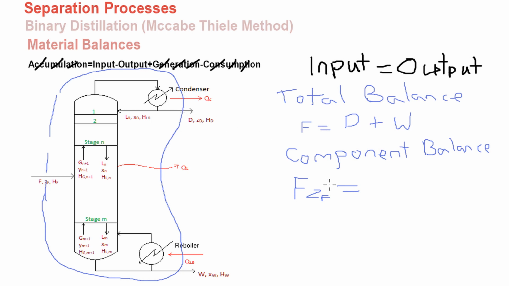That is the material leaving the system, which will be D, capital D for the flow rate, multiplied by the mole fraction of the most volatile component leaving, which is ZD, plus, again, the bottoms product or the waste product is leaving the system, and that has a flow rate of W, and you multiply by the mole fraction of the most volatile component in the bottoms product, which is XW.